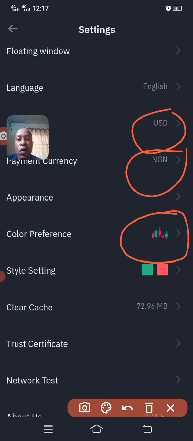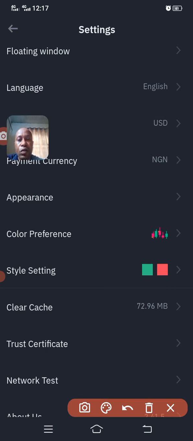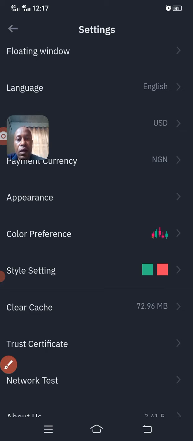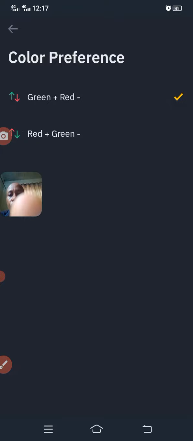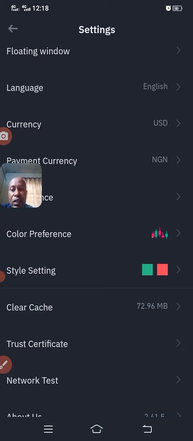However you want the color of the candlesticks to look, you need to click on that area. Once you click, you have a drop down that will show you what the candlesticks will look like. If you want it green and red, or red and green, anyhow you want it, that is how it will look, depending on the one you have selected. So that is it on the settings.